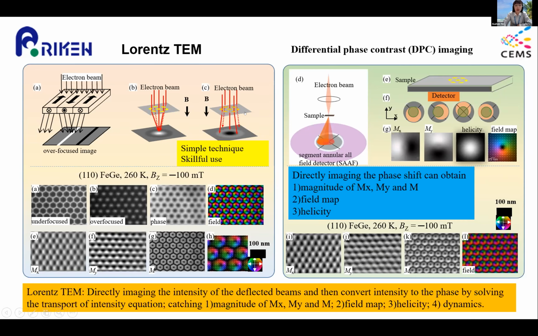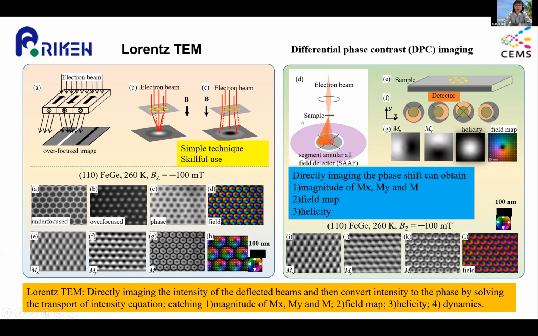As you know, this defocused Lorentz TEM image is sometimes blurred at a big defocus value. To solve this problem, we also choose an in-focus phase imaging technique, which we call differential phase contrast imaging, in the scanning transmission electron microscopy mode. We call it DPC.